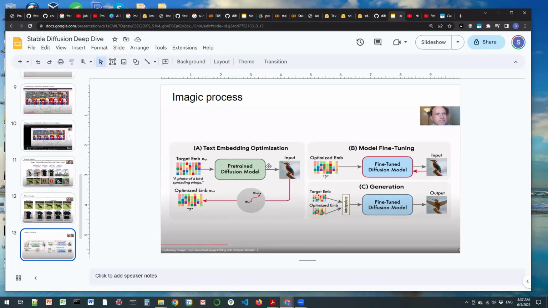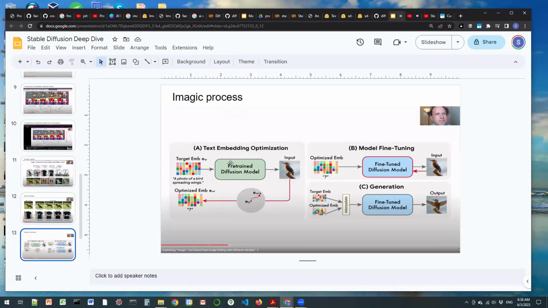We already have a pre-trained diffusion model. So this is a Stable Diffusion model, fully trained, just taken off the shelf from, say, Hugging Face and so on. What they do in the paper is provide this target embedding and try to get an image corresponding to the reference image of the bird. And they just do this for a few cycles through this iteration process that I described.